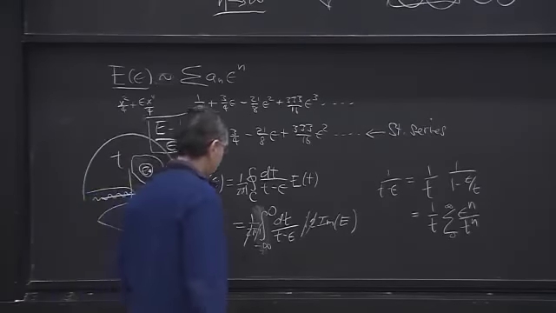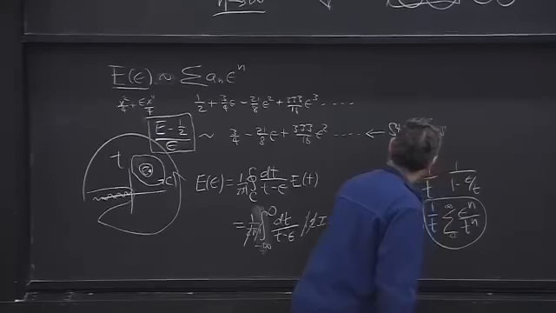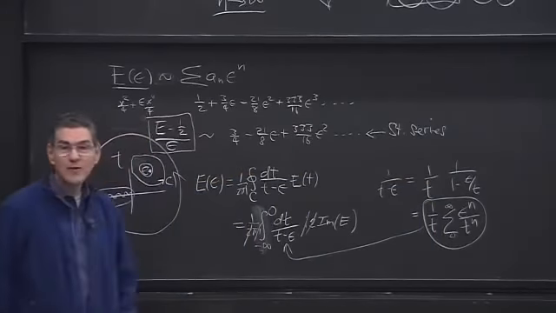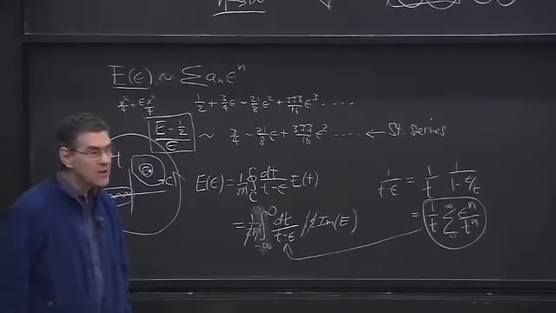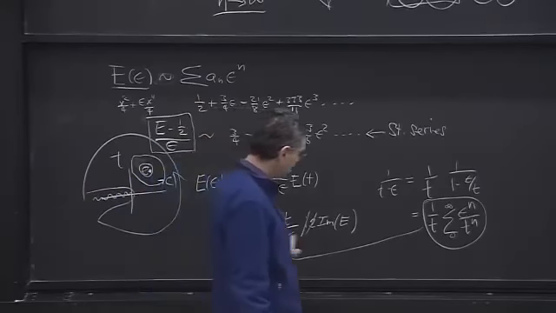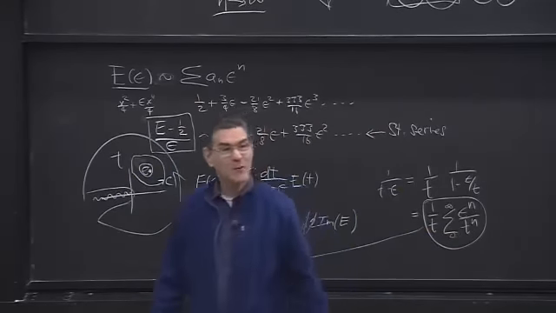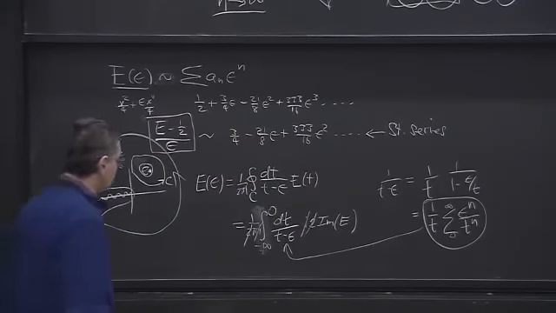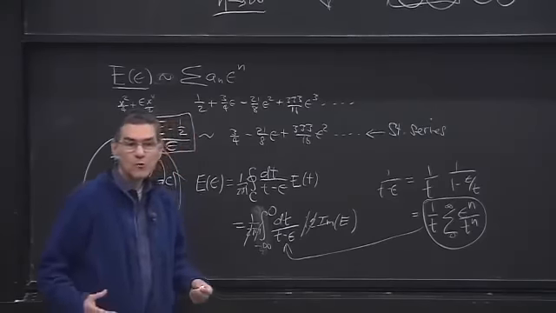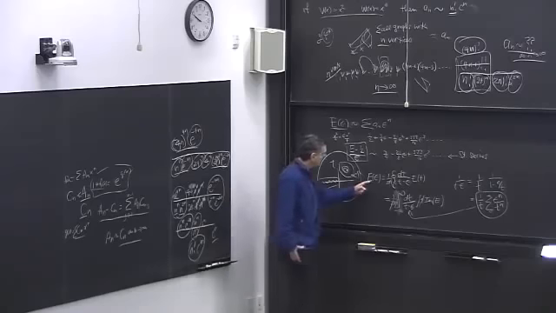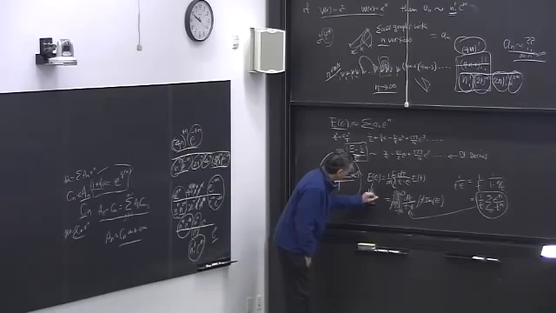And I'll stick this right in here, and I'll integrate term by term. Now, if I do that, that means I'm illegally interchanging the orders of integration and summation. But I'm going to do it anyway. Of course, I know that because I'm doing it illegally, I'm going to wind up with a divergent series. Which divergent series? You know perfectly well which divergent series. It is the divergent series for E, which is a sub n epsilon to the n.